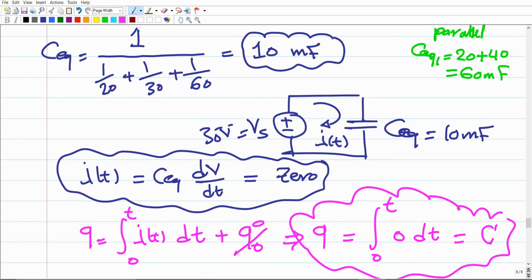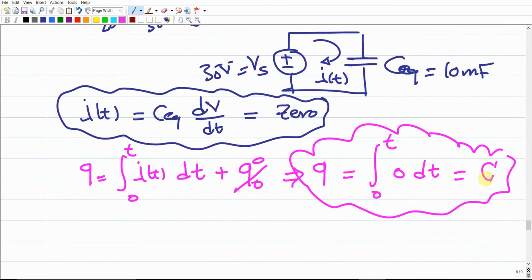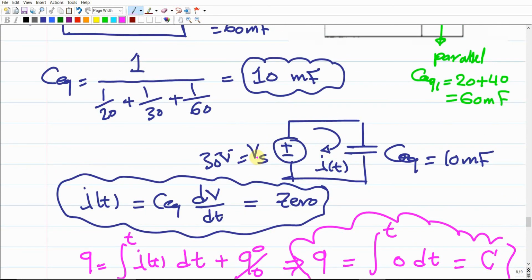So we're gonna say that the charge Q is a constant value, but we are interested in how much it is. So how can we find the charge value? We do have another expression. This is the current.